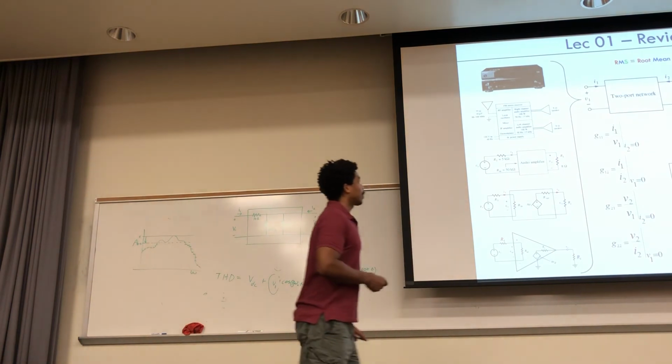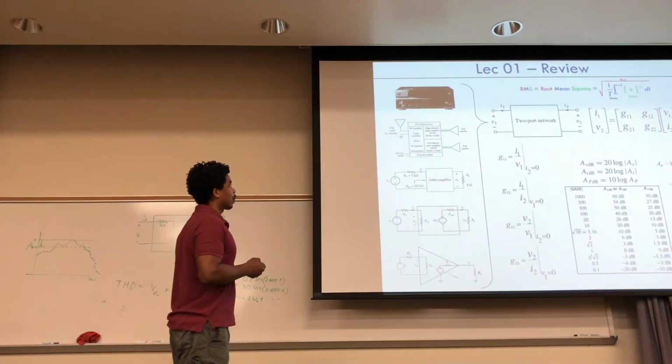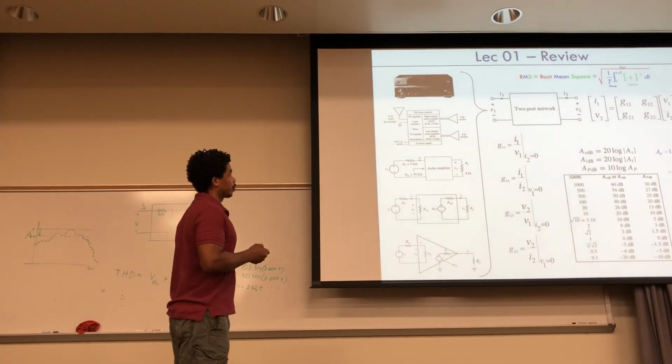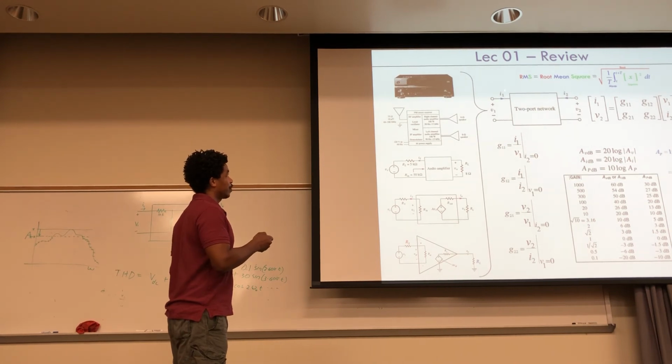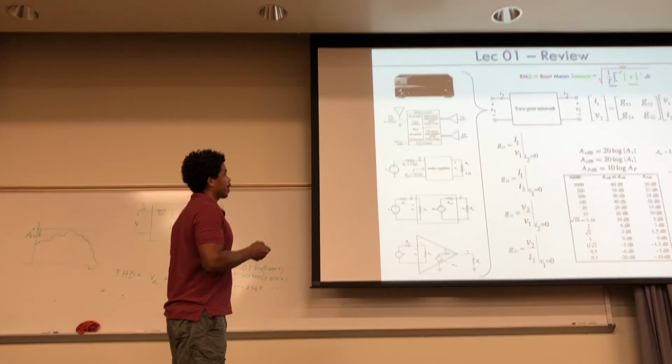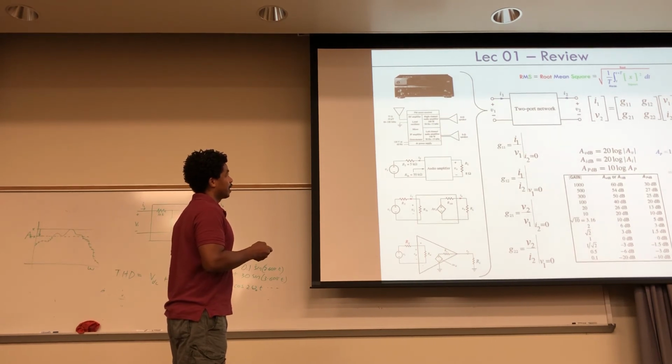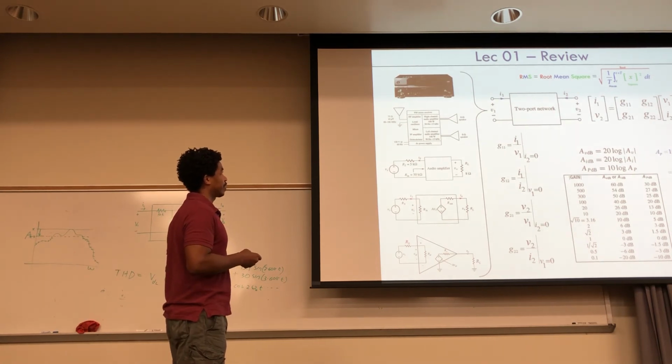So for example, if you're going to look for G11, you're looking at the ratio of this current and this voltage right here, and you're letting this part be 0. So you're leaving this as an open circuit, right? And you're looking at the ratio of those two things.